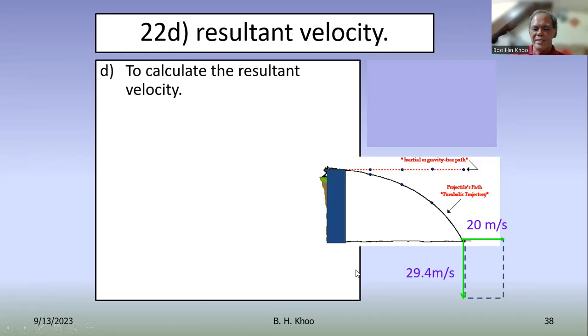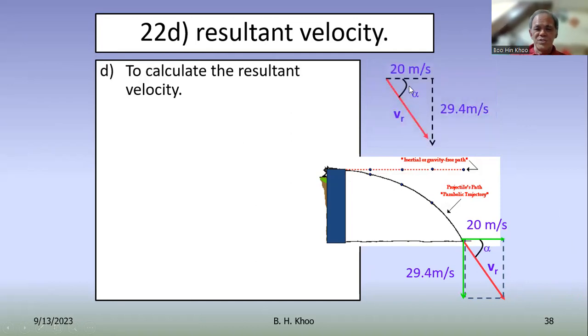So we form a rectangle. That's the resultant velocity. We put f there to show it's final, but it doesn't have to be there; v is good enough. Then that's the angle, alpha. So we draw that. That's your 20, that's your 29.4, that's the final velocity, and that's your alpha.